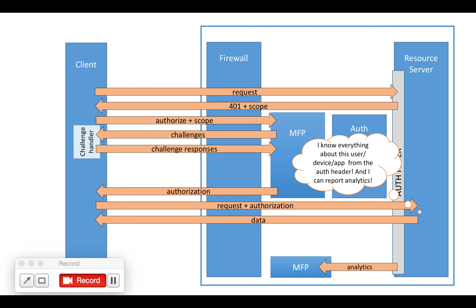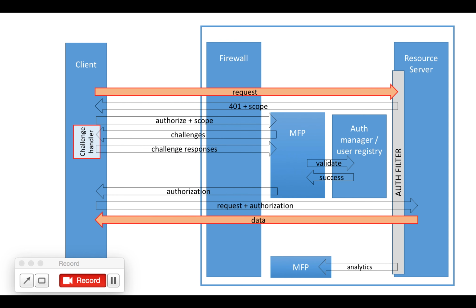This is extremely convenient. You're getting authentication, security and analytics for free for your possibly external servers. And once again, from the developer's perspective, the developer makes the initial request, the challenge handler might kick in in case authentication is required, and eventually the developer will get the data. The rest is absolutely internal, and the developer doesn't need to worry about that.